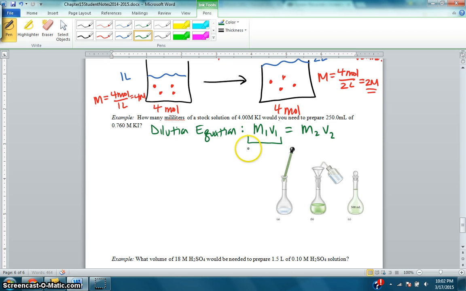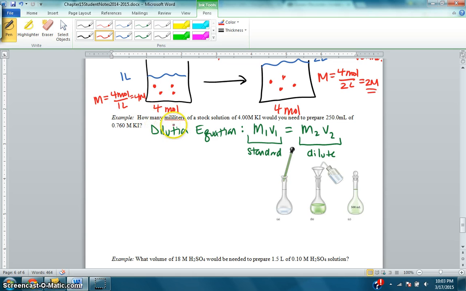The left side will be your standard side, so that's when we know the concentration, and the right side would be your dilute side. So this is going to be the side where water is added to it.